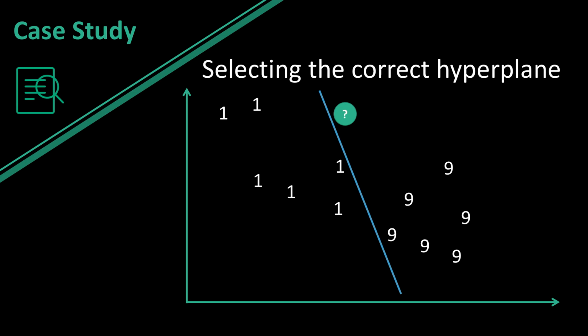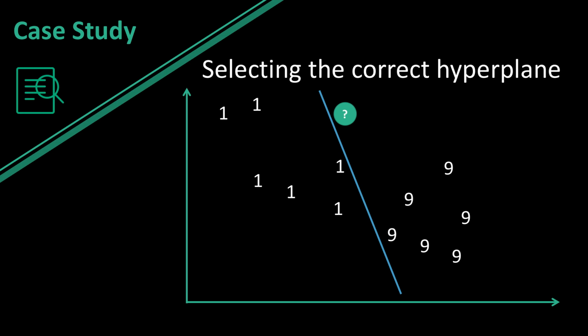Notice how our question mark right here, this represents a potential number. We don't know what the number is. It's simply our binary data that came in, and we need our system to estimate if it's a 1 or a 9. Well, right here, imagine that the hyperplane isn't there and you're simply looking at the data.